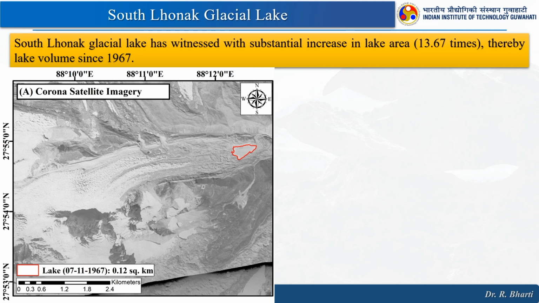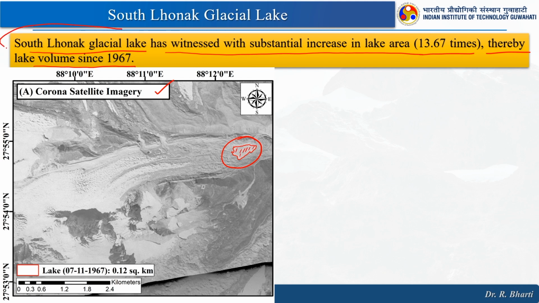In another example, the South Lhonak Glacial Lake has witnessed a substantial increase in lake area, that is 13.67 times, and thereby lake volume since 1967. Here in 1967, with the help of Corona satellite image, we found this is the shape of this particular glacial lake, right.